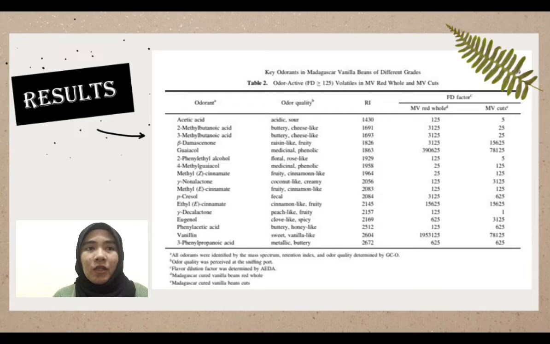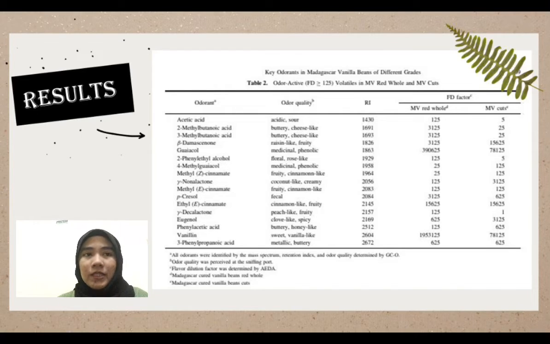For 4-methyl guaiacol, it has 25 MV red hold and 125 MV cut. For the methyl cinnamate, it has 25 MV red hold and 125 MV cut. For the gamma-nonalactone, it has 125 MV red hold and 3125 for MV cut.